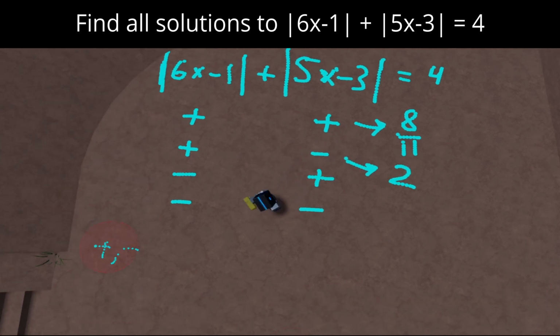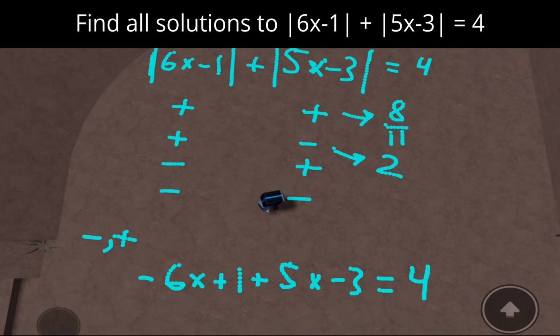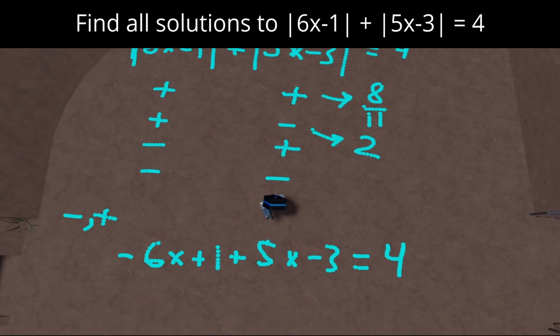Now we need to think about the minus plus case. So what I'm going to do is do 6x - 1 and make it negative. So that's actually -6x + 1 + 5x - 3 = 4. So to solve this, you'll have that's -x.